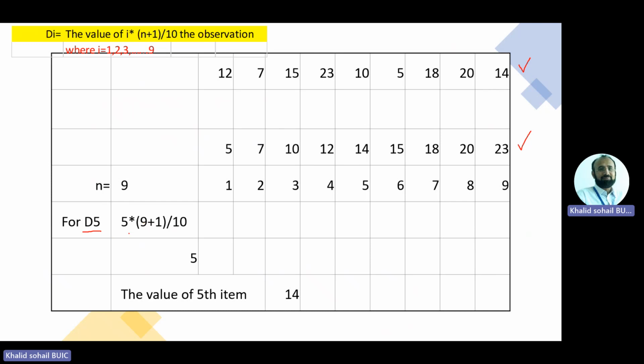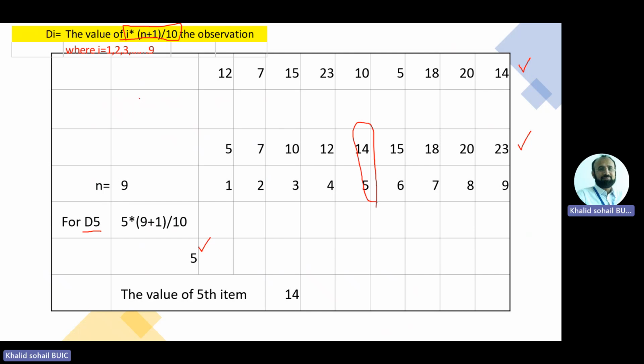So first of all, because we are calculating D5, we put i equal to 5 in this value. And we are getting 5, meaning the fifth position, and at the fifth position, this is our fifth decile, and it is also found in the same way.